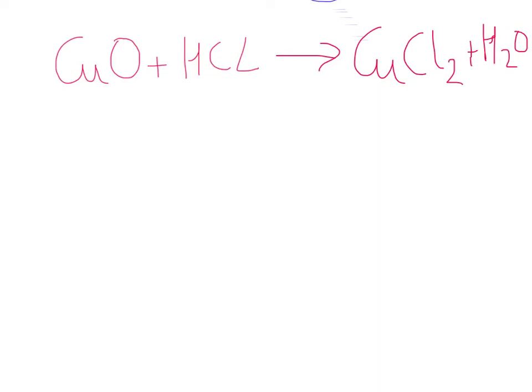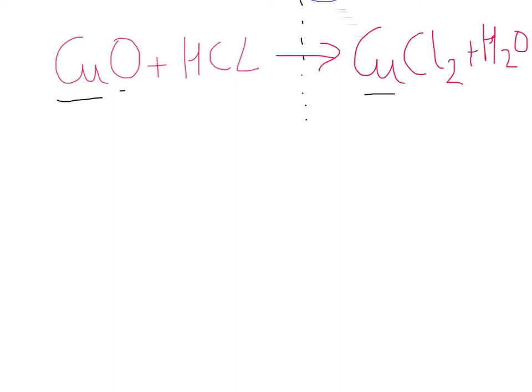Now, even if you're unsure of what all the symbols mean, if we just follow the same pattern, we can balance this equation and make sure all the elements are equal on both sides. If we draw the imaginary line, in this example we have 1 atom of copper on the left, 1 copper on the right.